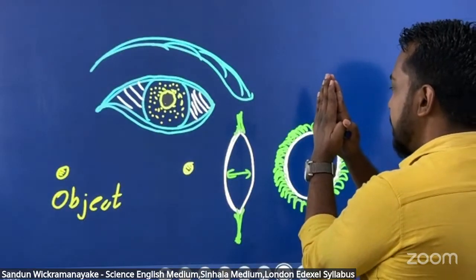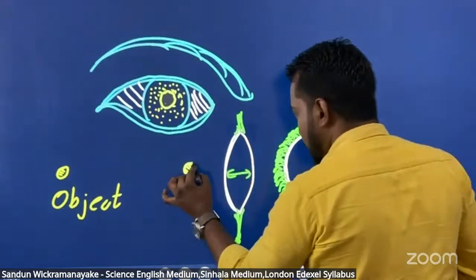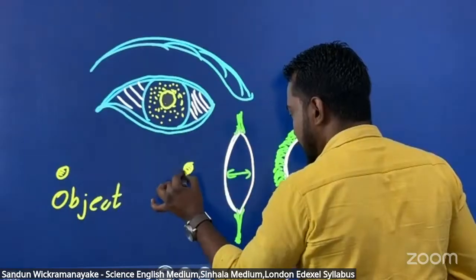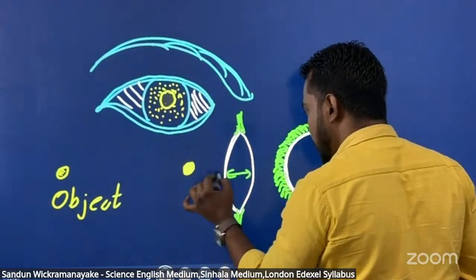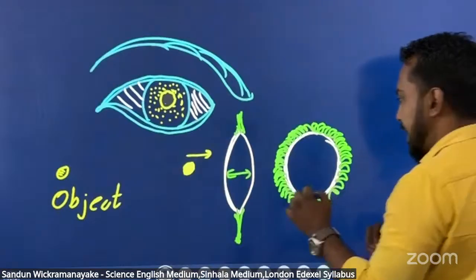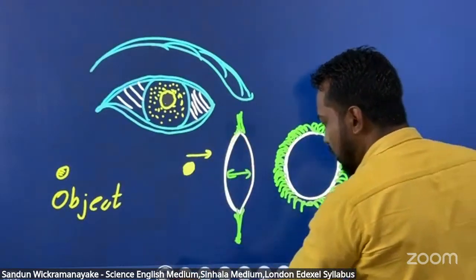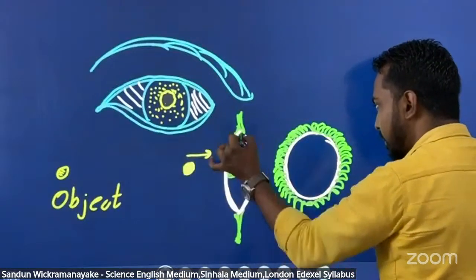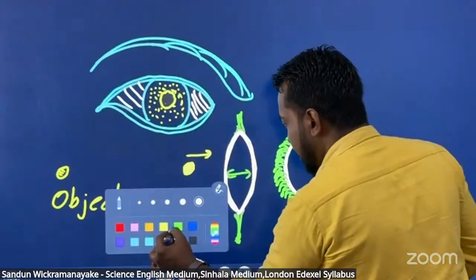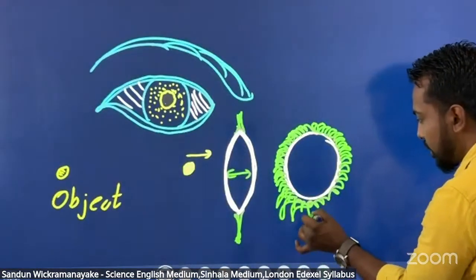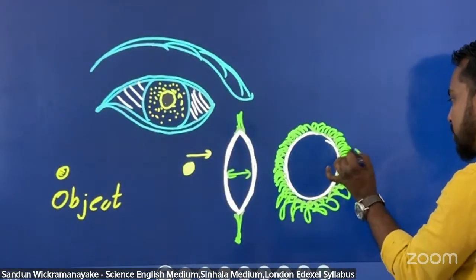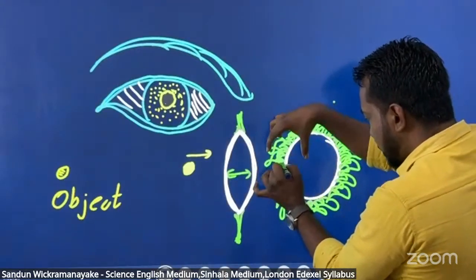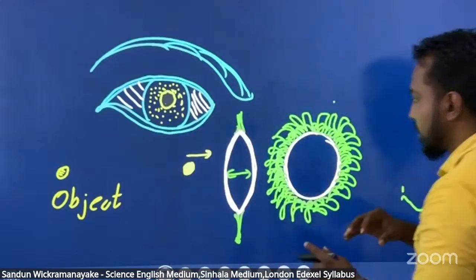But if you need to observe an object that is closer to you, this lens shape should be like this. So this muscle should be loosened. Right?